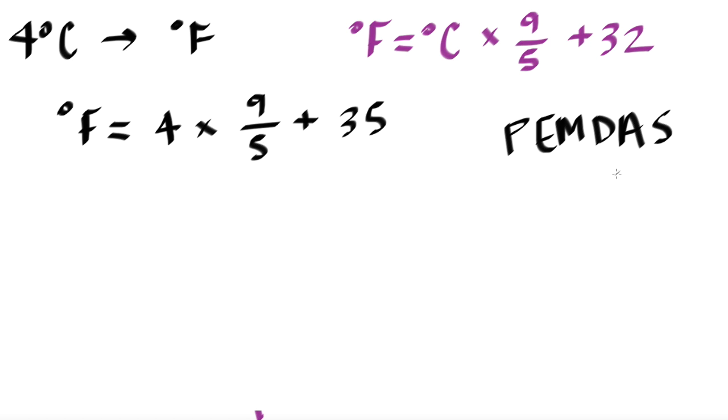You need to do the multiplication before addition. All right, so we're going to do it in your calculator. Now, you could just plug this right into your calculator. Your calculator does it automatically, but I'm going to break it down for you just to show you how to get the math. So 4 times 9/5, and that is 7.2 plus 30. Oh, I wrote 35 here. That should say 32.